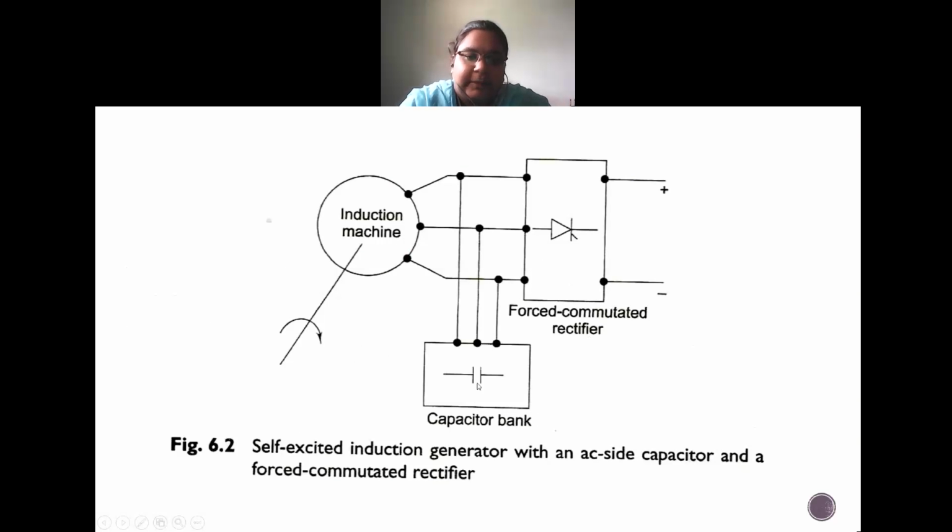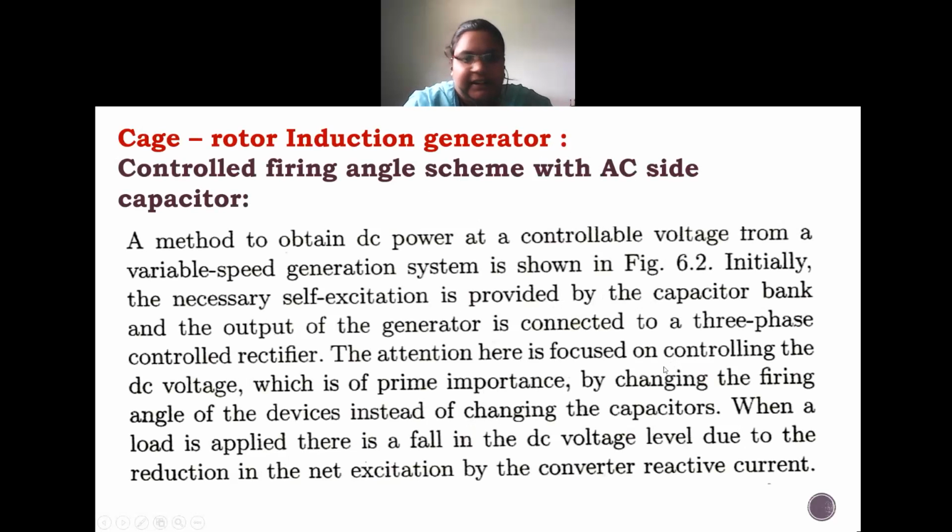Because of the presence of the capacitor bank, it is implied that the induction machine is a self-excited induction machine. As we can see, this capacitor bank is on the AC side rather than the DC side, because the rectifier output is the DC output. But we have the capacitor bank on the AC side of the rectifier. That is what our heading means, AC side capacitor.